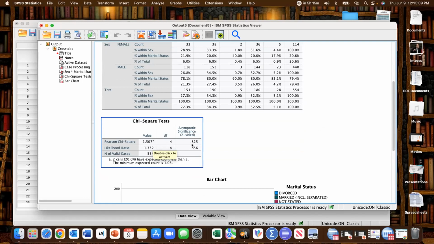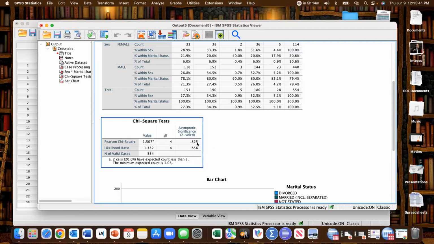Remember when we said scientifically that we only think of things as statistically significant to a population if the p-value is under 0.05? So now we have a p-value of 0.825, which means, according to the chi-square, there is no statistically significant difference between females and males within the population.